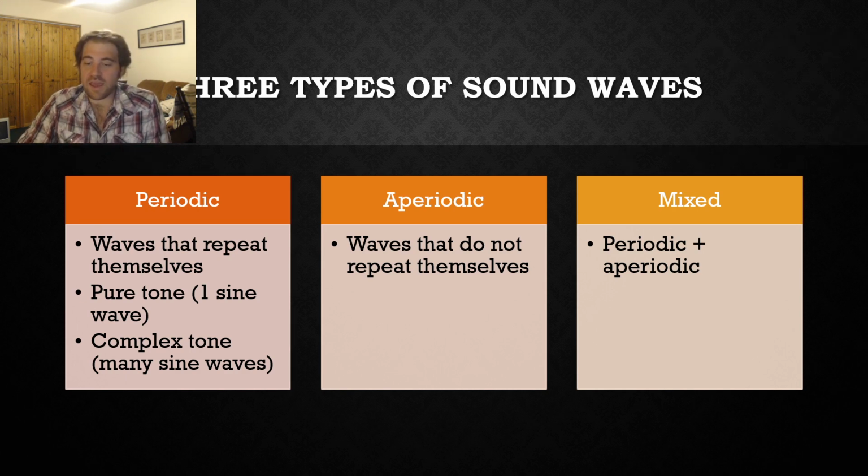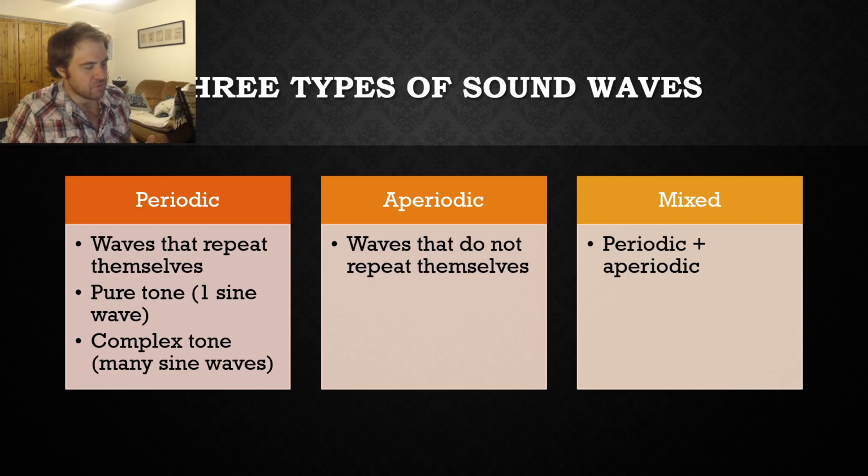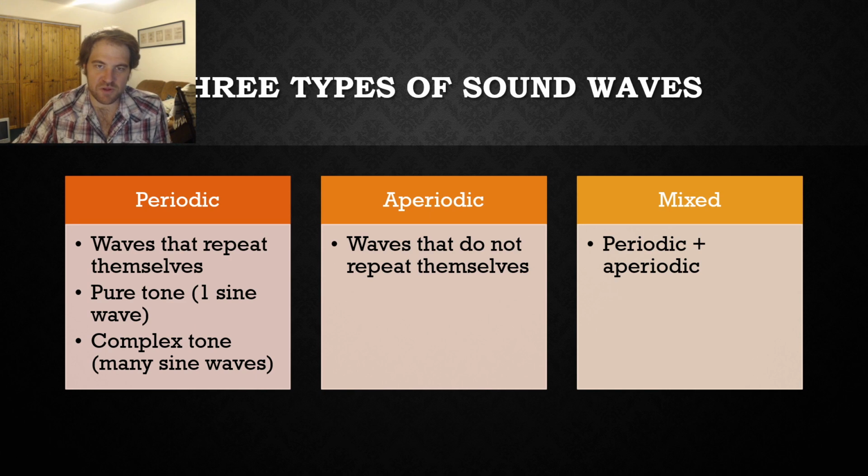We've also got aperiodic, which are waves that do not repeat themselves. You can think of this like noise, basically. If you look at a signal of noise, which I don't have one here, but I'll post one so you can take a look at it, it doesn't repeat itself at all. It's just kind of scratchy.